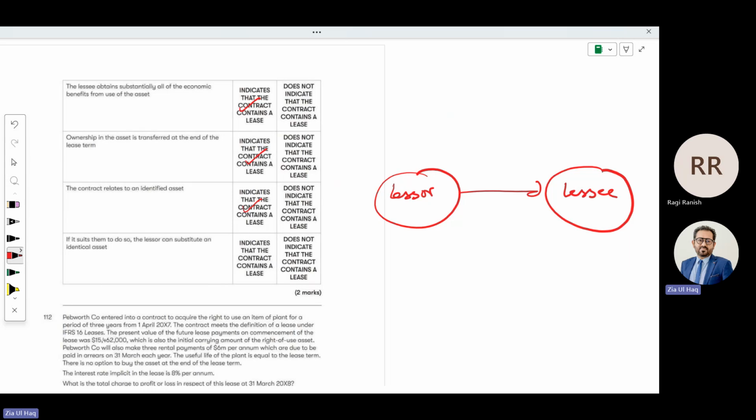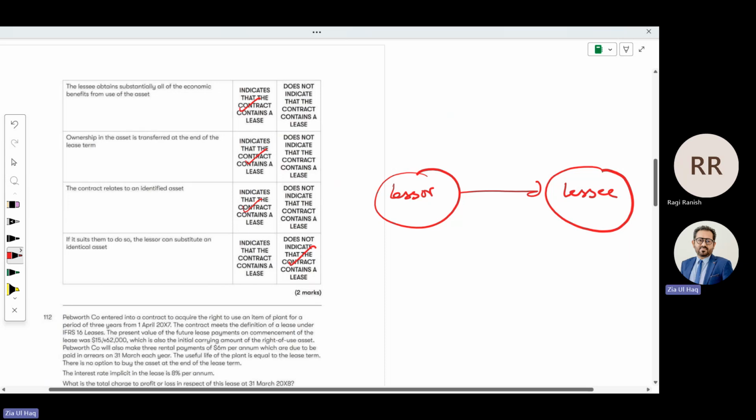If the lessor says, please use another asset for 15 days, and after 15 days I will provide you the same asset again, that is meeting a lease. If there is any temporary identical asset usage, that will be considered a lease. But if he is replacing, substituting the original asset, that will not be a lease.